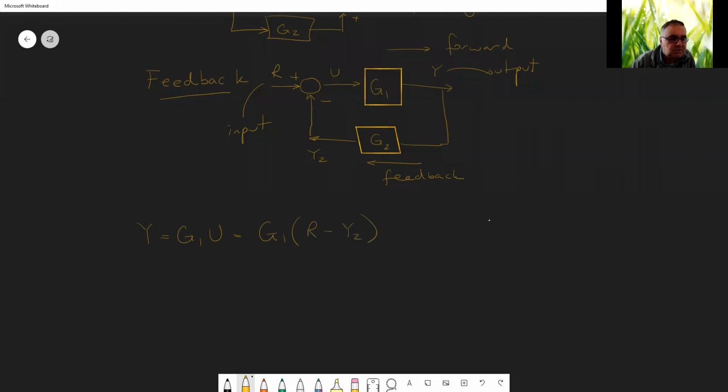Now, Y2 is G2 times Y. So we have a Y here, we have a Y on the other side. We have Y equal to G1 R minus G1 G2 Y. Y terms can be collected. Y times 1 plus G1 G2.